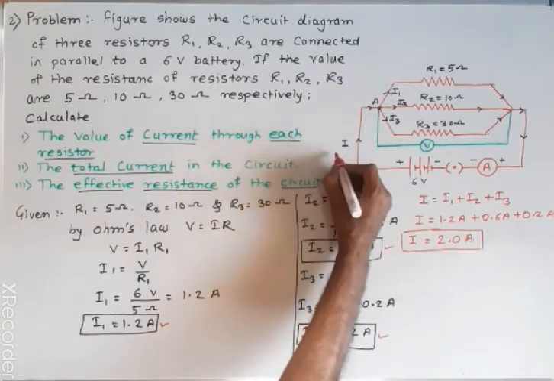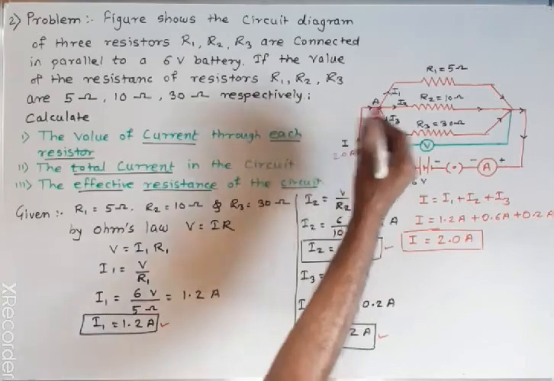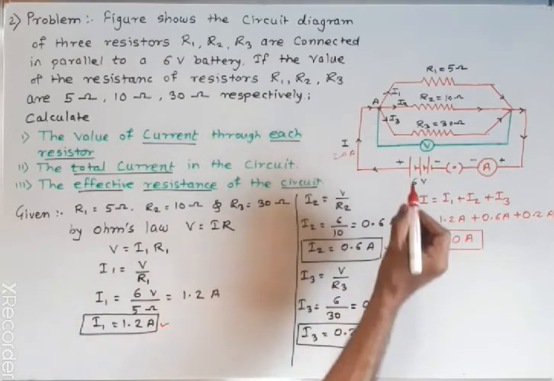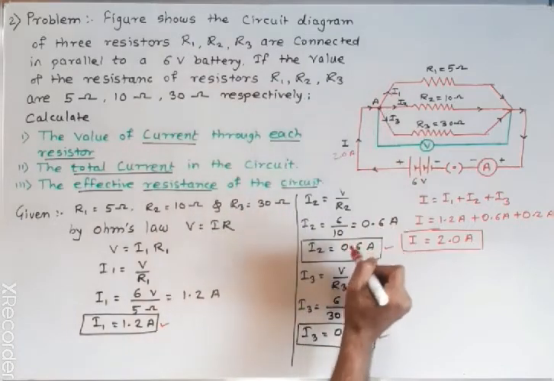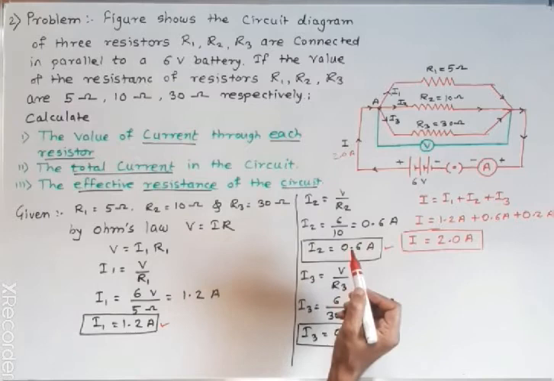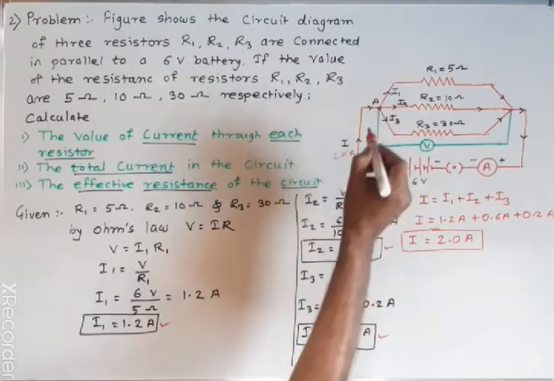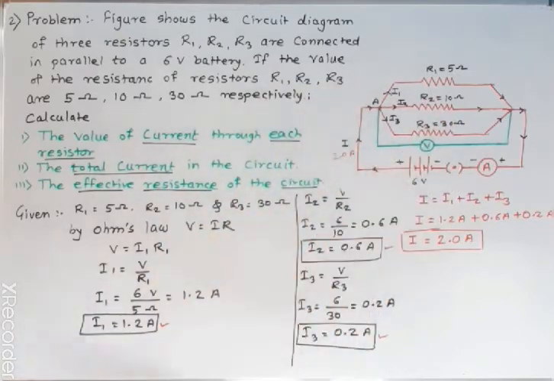I is equal to 2 ampere current is flowing through this network, and out of this 2 ampere current, 1.2 ampere for I1, 0.6 ampere for I2, and 0.2 ampere for I3 is divided from this point A into these respective resistors.